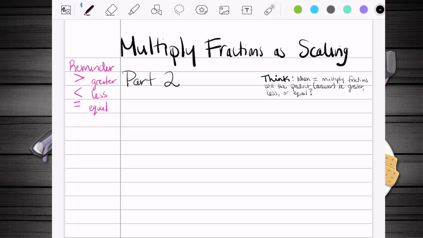So part 2. In part 1, we were talking about multiplying whole numbers and fractions together. In this section, we're going to talk about multiplying 2 fractions together.